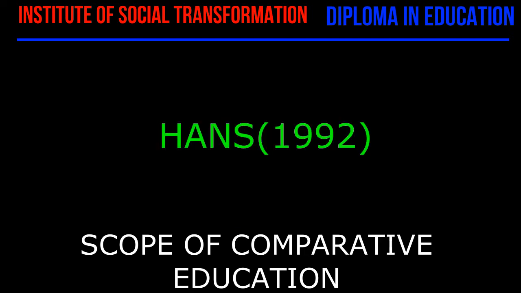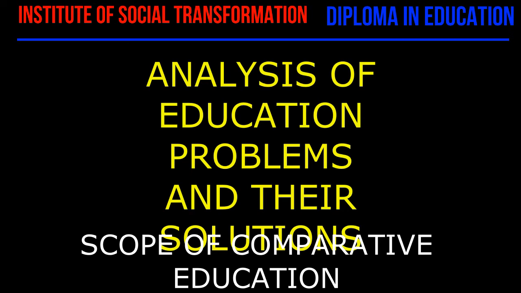While giving the purposes of comparative education, Hans 1992 concludes that the analytical study of these factors from a historical perspective and the comparison of attempted solutions of resultant problems are the main purposes of comparative education. It can be concluded from the above that comparative education tries to compare education problems as well as the solutions applied to such problems with a view to helping one's education practices.